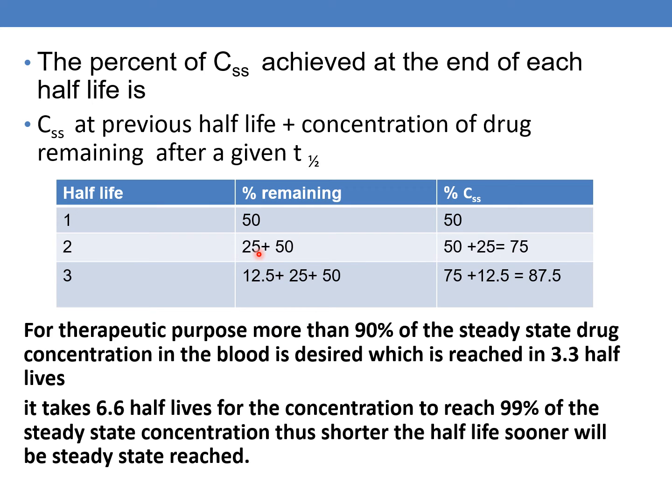As of now, after the second half-life, 25 is the amount of the drug remaining from the first half-life, and 50 is the additional amount of the drug that is given in the form of a constant IV infusion. So after the second half-life, the percentage of CSS reached will be 75%.